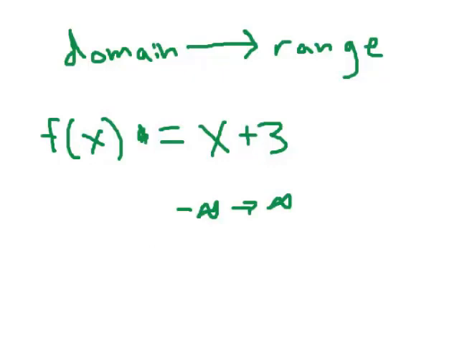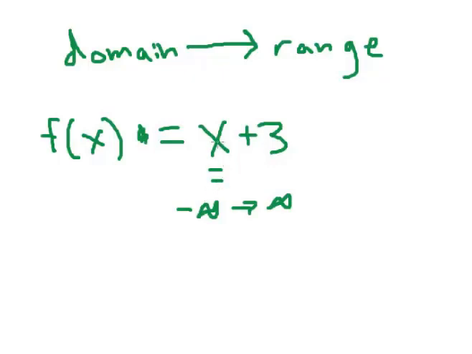The thing that makes something a function, and the thing that is required of every function in order for it to be a function, is that there has to be only one variable in the range for every variable in the domain. In other words, every value of x has to have only one possible value of y.